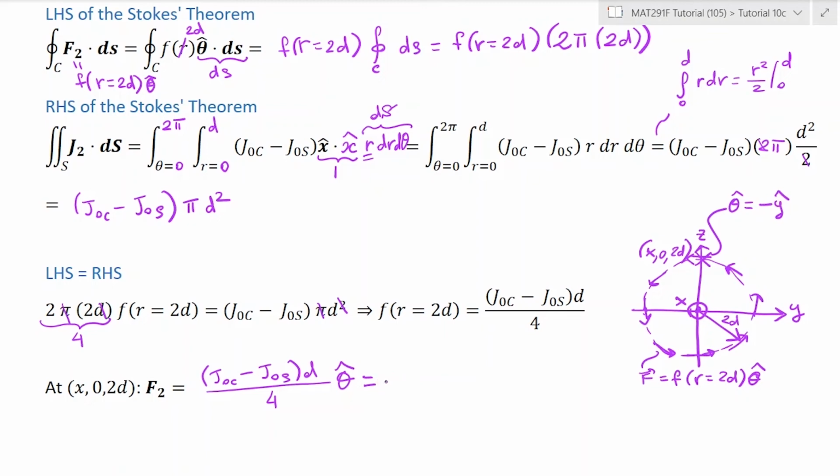So then this is negative J naught c minus J naught s, times d over 4, y hat.